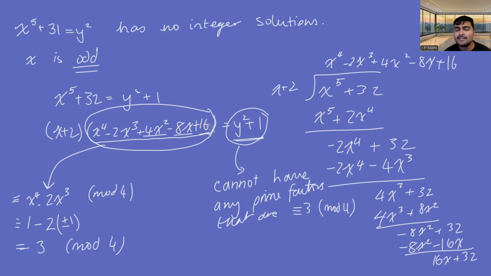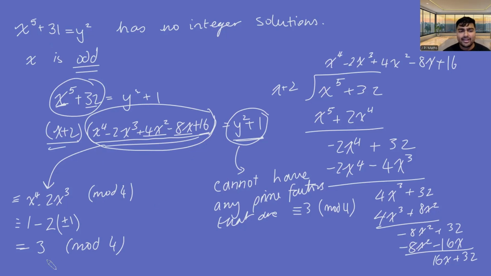But this is a contradiction, because it's 3 mod 4 and it's odd, and it's not too difficult to check that it's odd, because up here x is odd. So x^5 will be odd. If I add 32 to it, it will still be odd. So both of these factors must be odd.